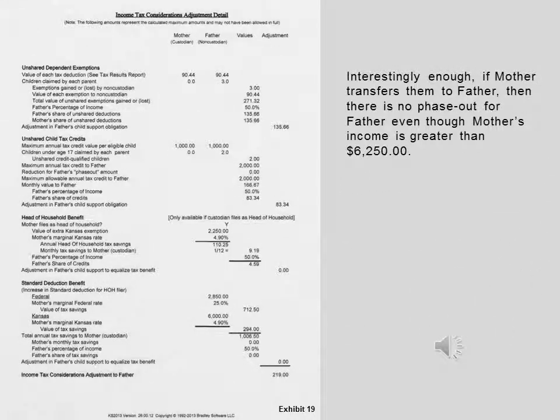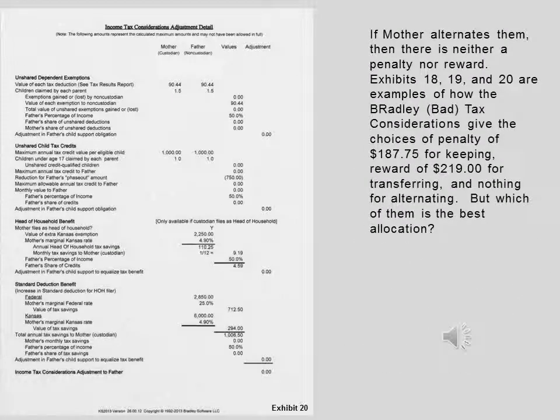Interestingly enough, if mother transfers them to father, then there is no phase-out for father even though mother's income is greater than $6,250. If mother alternates them, then there is neither a penalty nor reward.